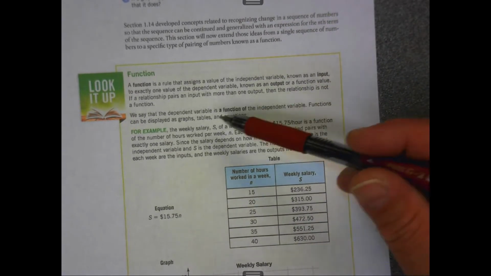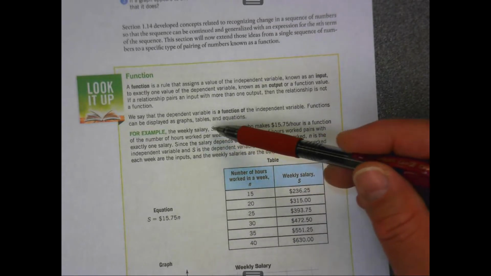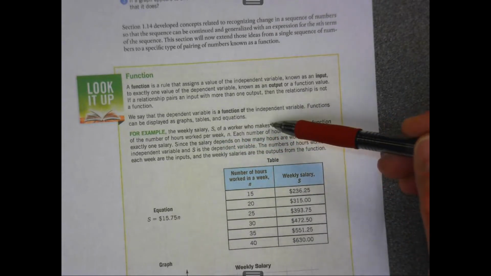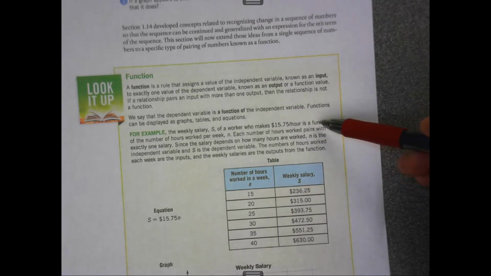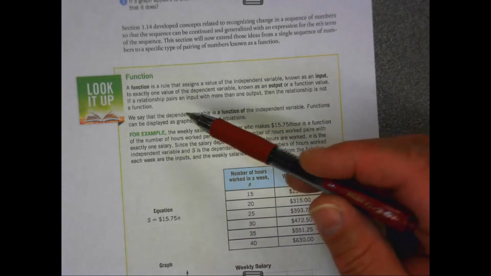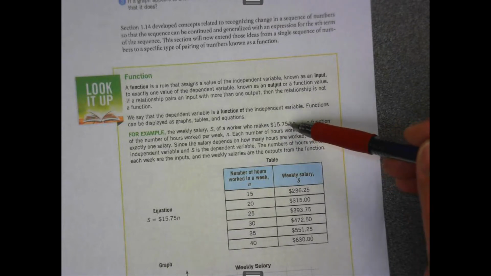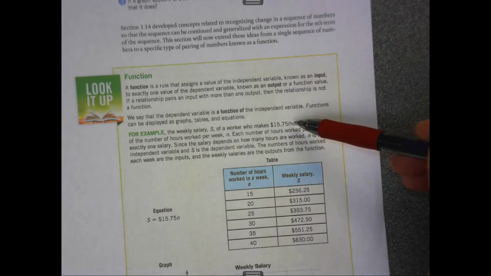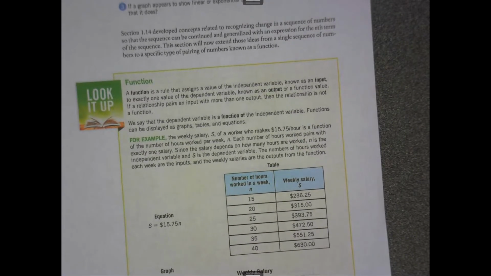Let's look at the example they have here. The weekly salary S of a coworker who makes $15.75 per hour is a function of the number of hours worked. So her pay is based on the number of hours she works. I think I'm going to leave it at that for now. It kind of gets confusing enough as it is.